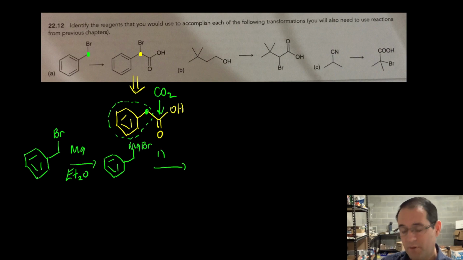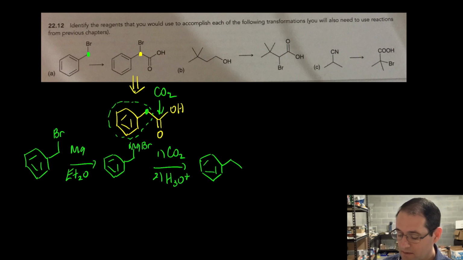And then there's a couple of steps here. You add CO2, okay? That would be dry ice, crushed up perhaps. And then you would add acid, H3O+. And this will get us to our carboxylic acid. Okay, nice carboxylic acid having the 1 additional carbon atom. And that 1 additional carbon atom comes from the carbon of CO2.